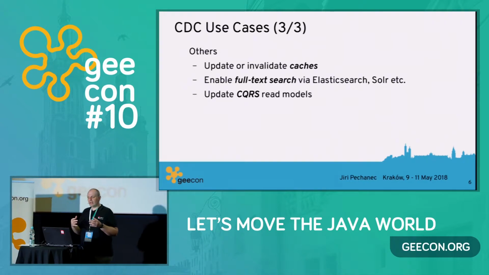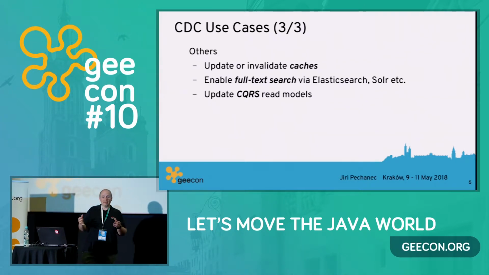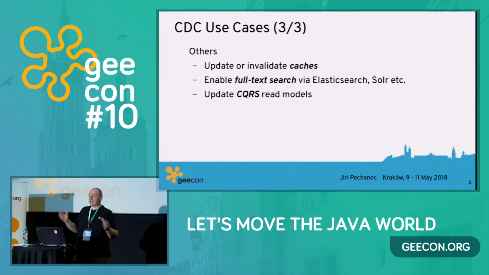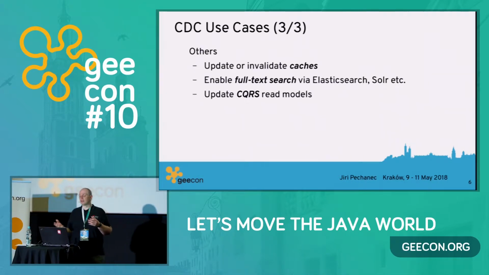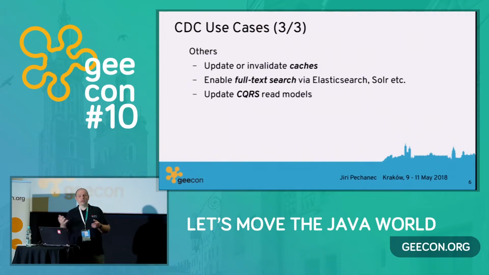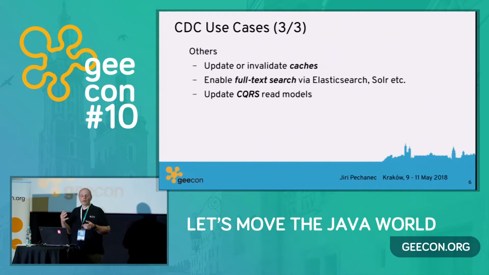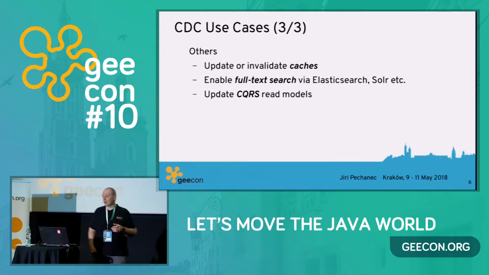So the cache and the data store behind it are again kept in sync. Another approach: you have data in a database and you need to execute full text search. Some of the databases already support full text searching, but it's definitely not as powerful as you might need. So it might be advantageous to stream your data into a system like Elasticsearch or Solr for supporting full text search over your data.